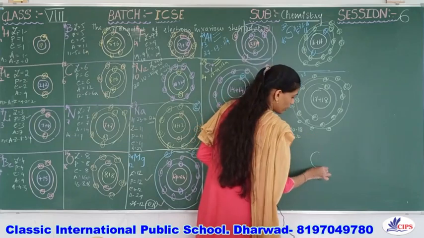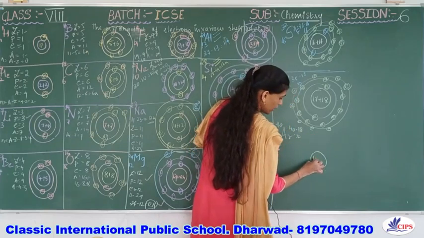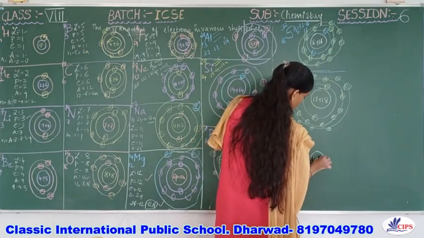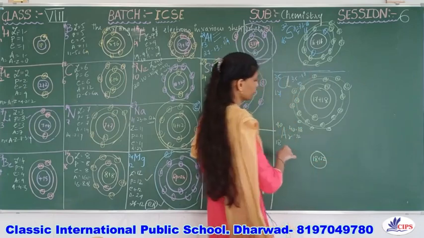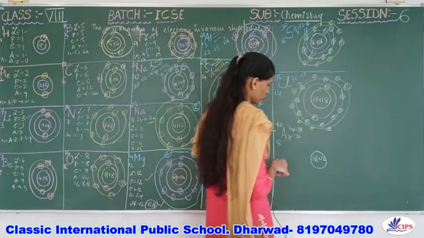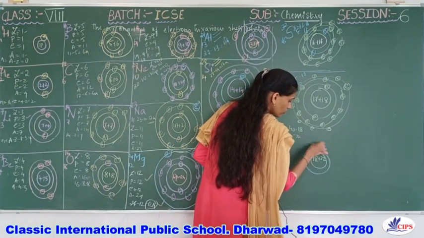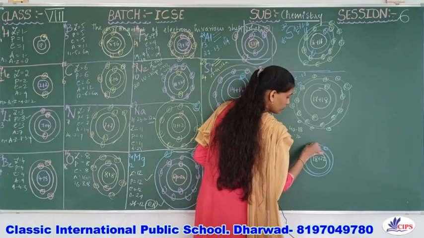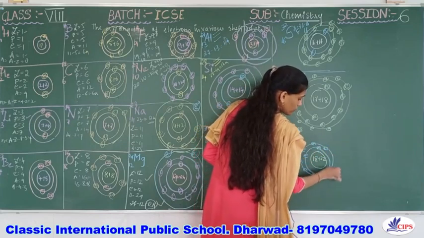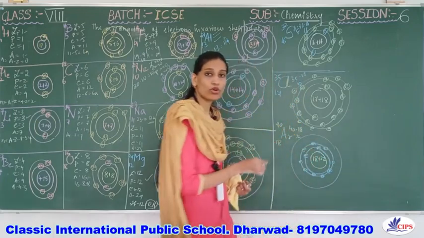So here we have 18 protons and 22 neutrons, and therefore K shell 2, L shell 8, and M shell is also 8.